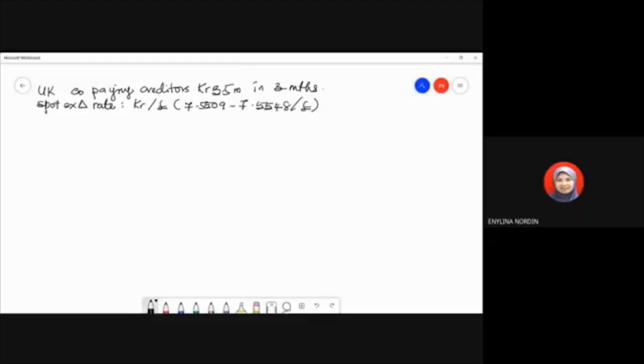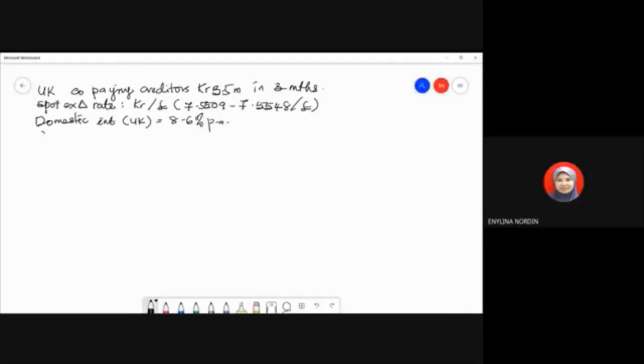And it is given that if you are in the UK, the interest rate, which I can call the domestic interest rate, referring to the UK, equals 8.6% per annum.